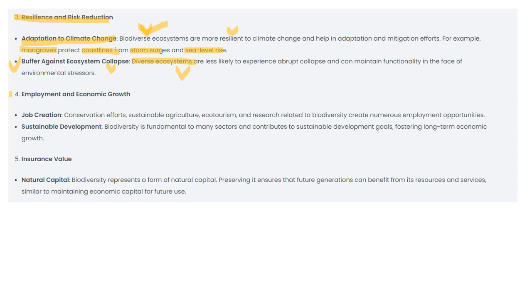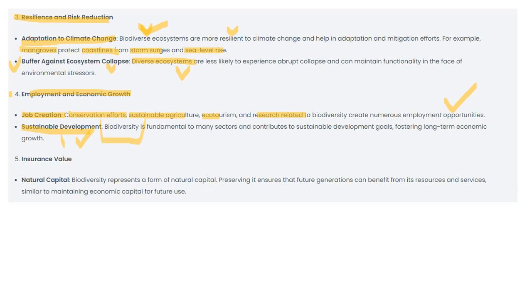Then employment and economic growth. So the job creation: conservation efforts, sustainable agriculture, ecotourism, research related, all these are employment opportunities. And when we say sustainable development, of course, there should be biodiversity.